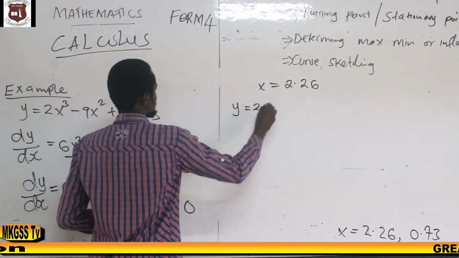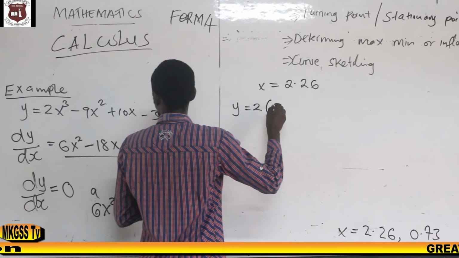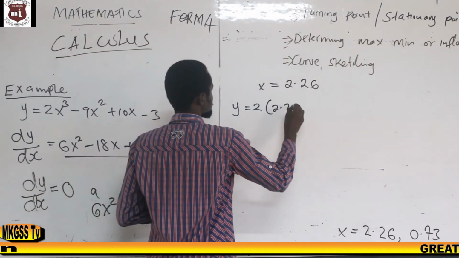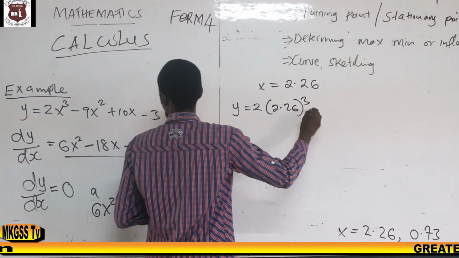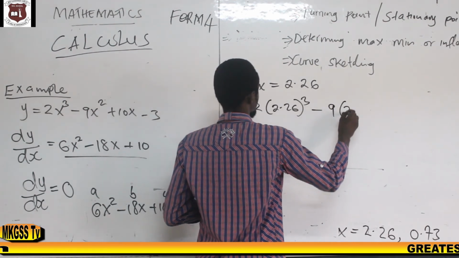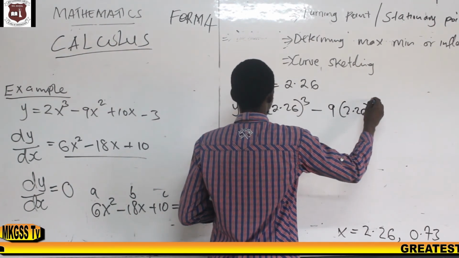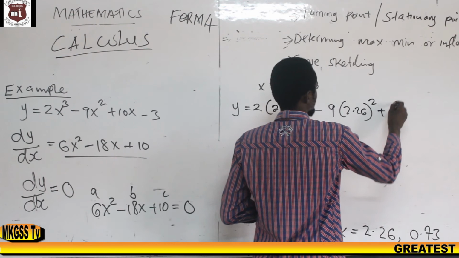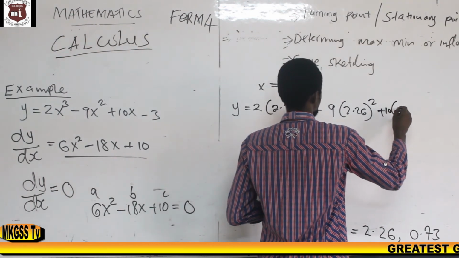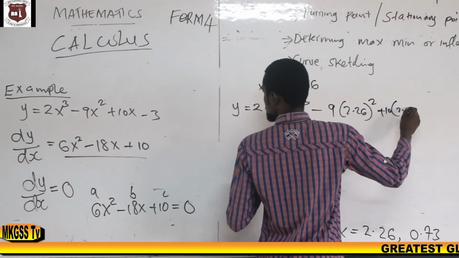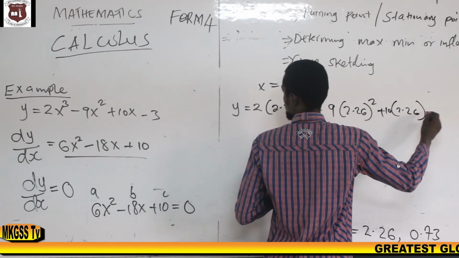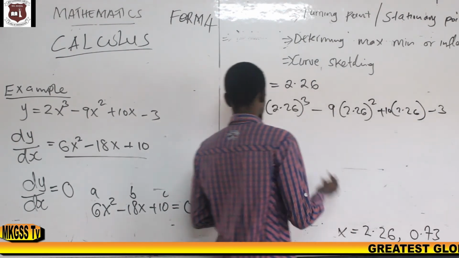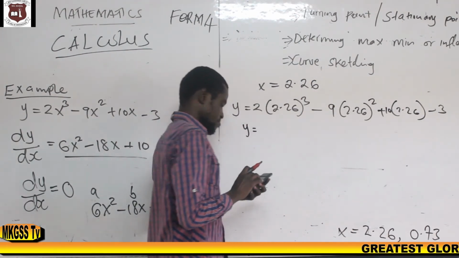That will be 2 into bracket 2.26 cube minus 9 into 2.26 squared, then plus 10 into 2.26, then minus 3. Let's see y.